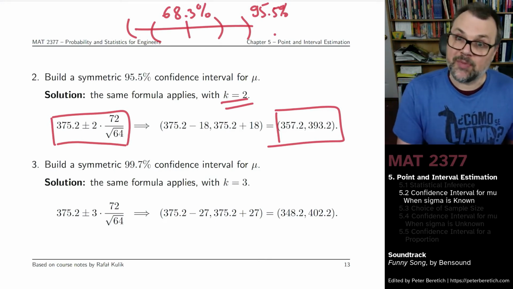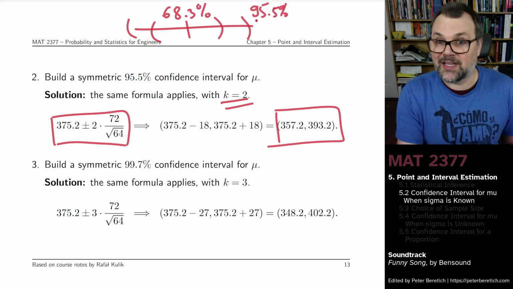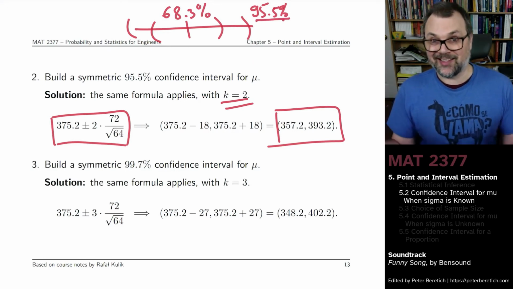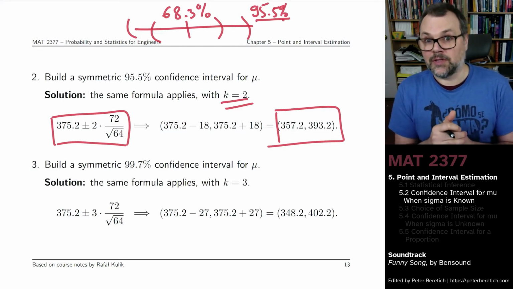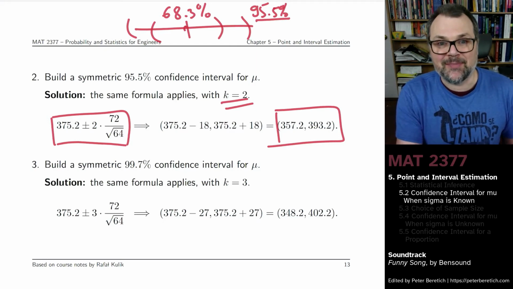So it's always going to be the case that if the confidence level is higher, your interval is going to be larger. It's going to contain confidence intervals that are of a smaller confidence, assuming that you're working with the same sample.